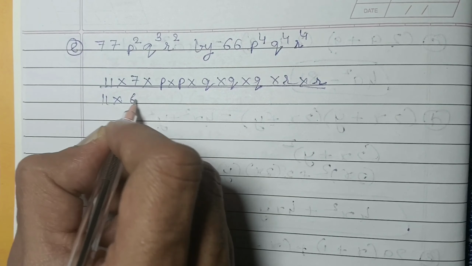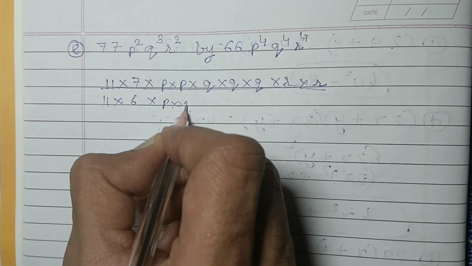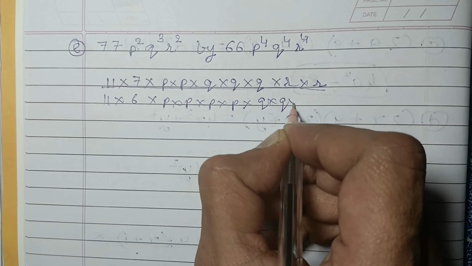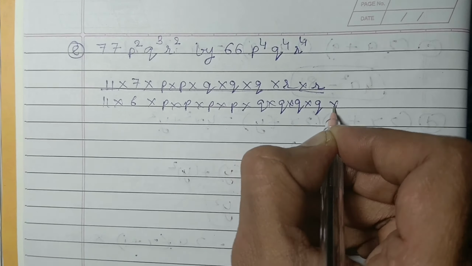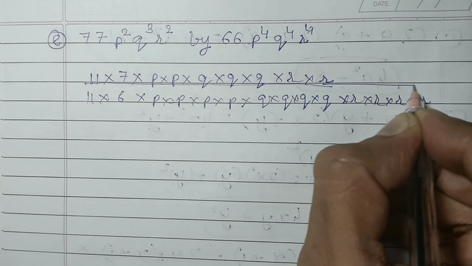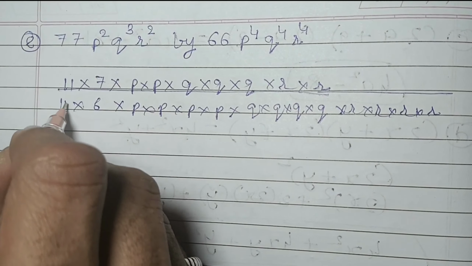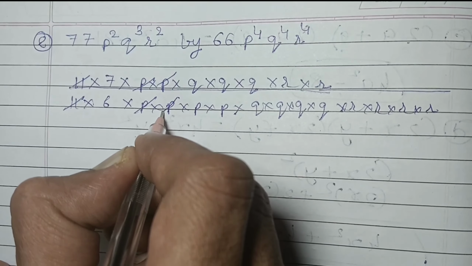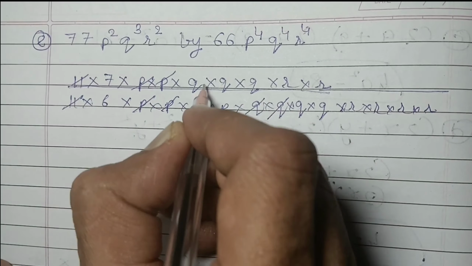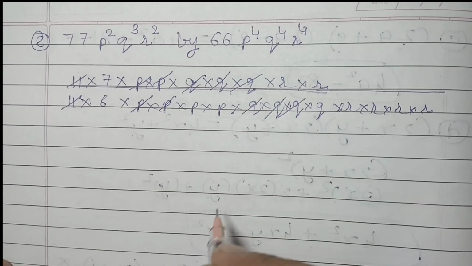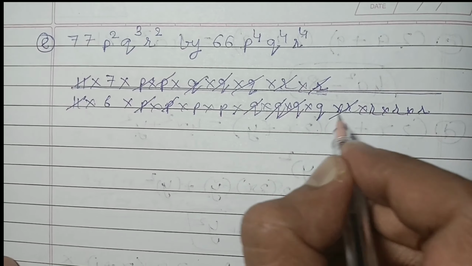So 11 6s are 66 into p 4 times, q 4 times and r 4 times. Okay, 11 we can cut, 2 times p can be cut, q will be cut for 3 times and r will be cut for 2 times.